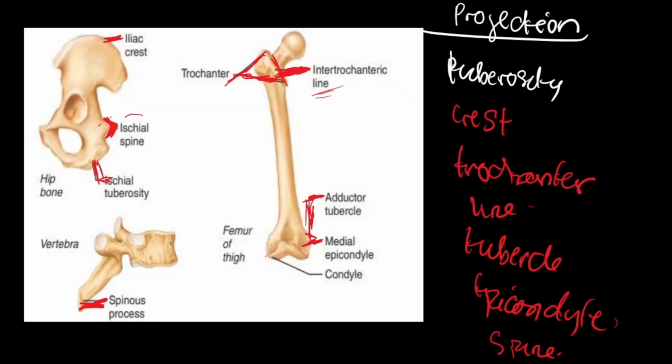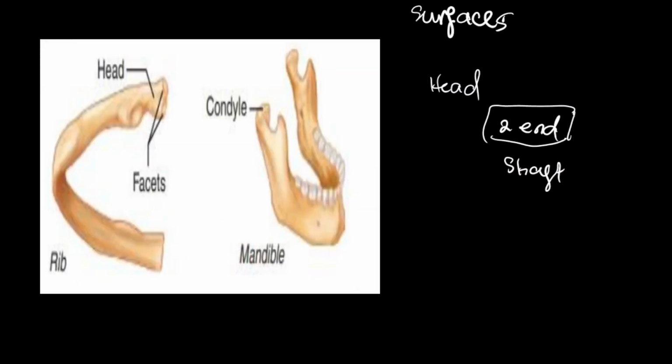As we saw in this picture, this surface here is the head of the femur. Considering the picture that we have here, we can see this is the rib bone and we can see the head. This, of course, is an articular surface.